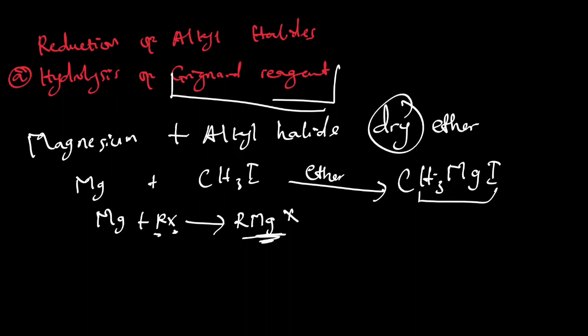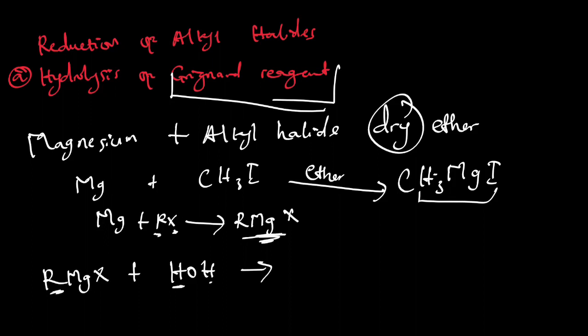So when we react Grignard reagents with water, so when we have RMgX plus water, I don't write it as H2O, so just permit me to write it as HOH so that you guys will be able to understand. Let's just write it this way, right?